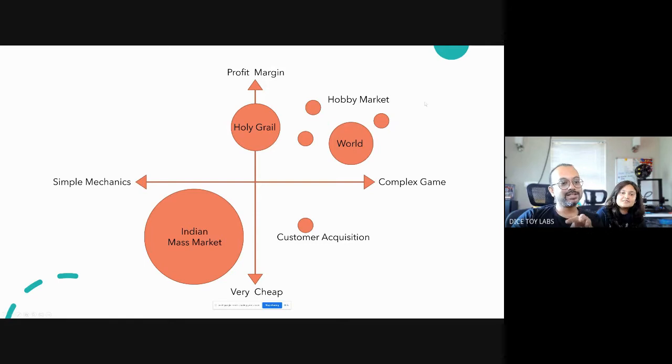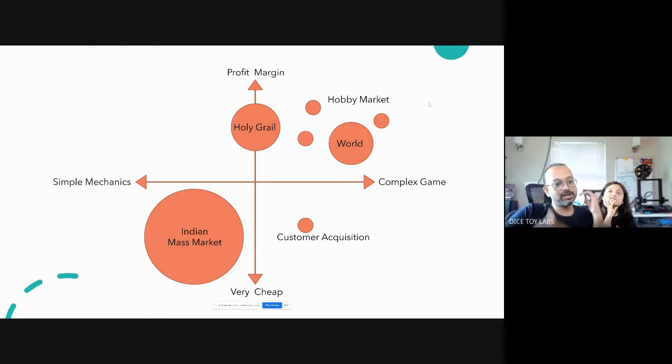So that is where we shifted. We started making good games, good mechanics, good components, didn't have to sacrifice too much, priced it at 3,000, 2,000, 2,500, 4,000 rupees. And we had to just sell it to 60, 70 customers, versus 200 customers where we had to sell to reach the same amount of revenue.